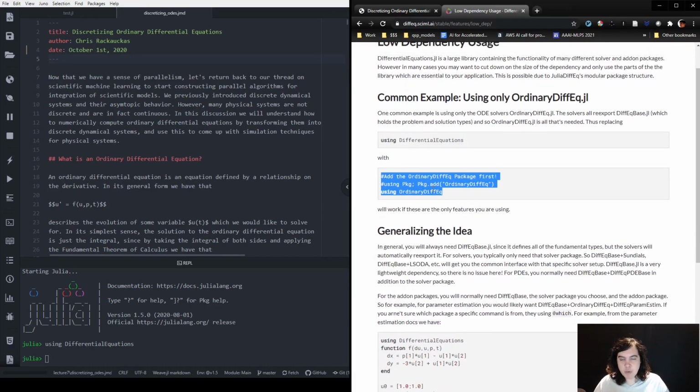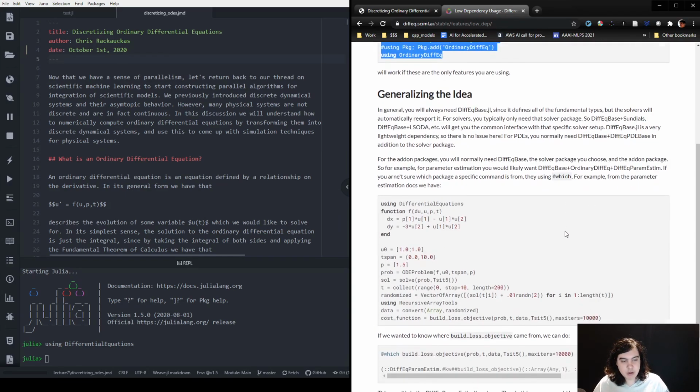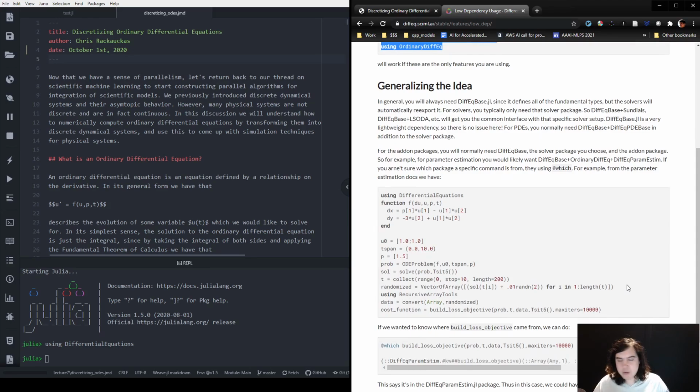So for example, OrdinaryDiffEq.jl is a solver library that provides the ODE solvers that are written in pure Julia. There are some examples in here of how to use the lower dependency usage. I'm just going to write using DifferentialEquations to keep everything simple. But if you're, for example, developing a library based off of this, you might want to directly use OrdinaryDiffEq, StochasticDiffEq, Sundials, or one of these component libraries.